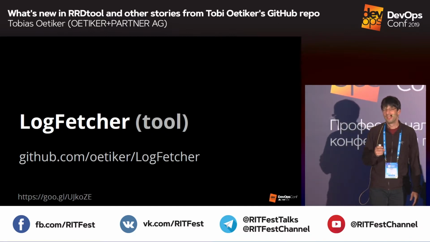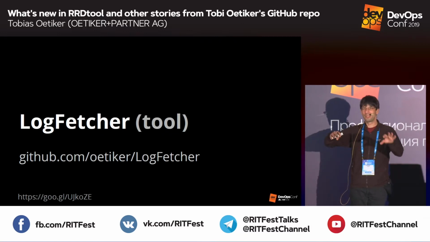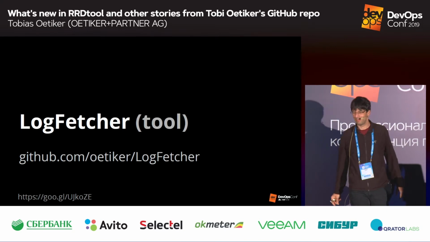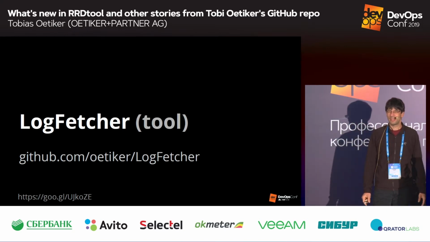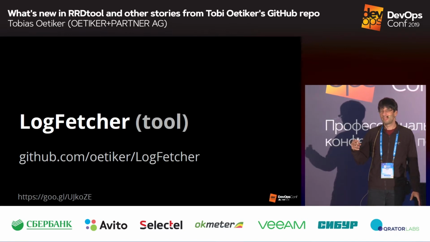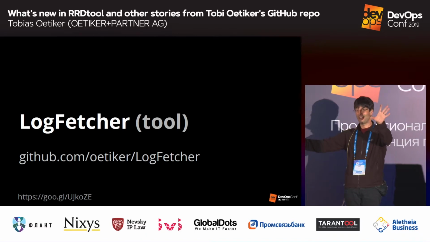Log fetcher. So we have this client who deployed all these nice antivirus boxes on their email system, and they also want to do logging. And for some reason, those antivirus boxes store the logs locally in files.